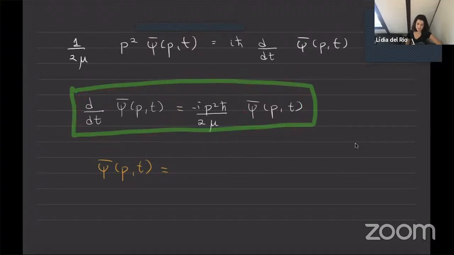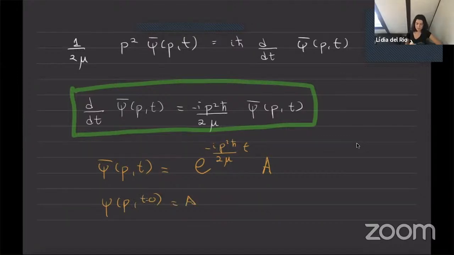So, which means that I can write the explicit way for the momentum wave function as e to the minus i p squared h bar over 2 mu times t, the variable that I'm deriving in, times some constant. And this constant, if I replace here p and time equals 0, I get just that constant.